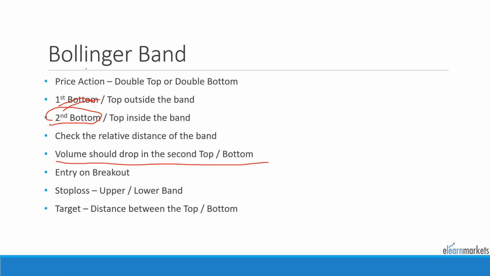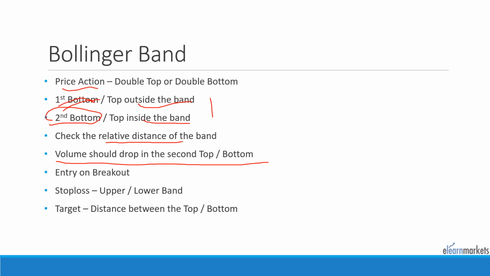So I'll repeat again. With the Bollinger Band, the price action should be making a double top or a double bottom. First bottom or top should be outside the band. Second bottom or top should be inside the band. Simultaneously, if it is not outside, you will check the relative distance.